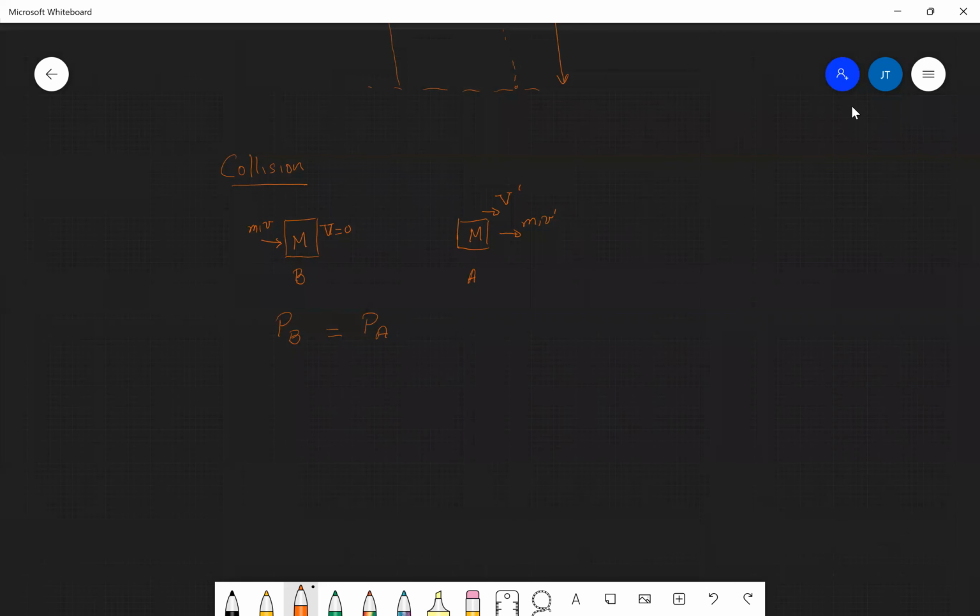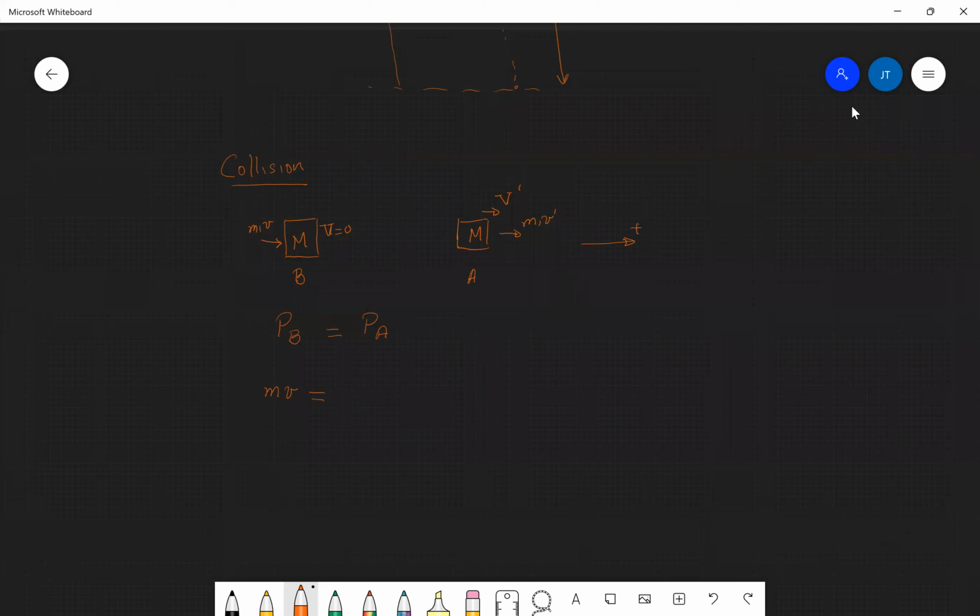Obviously, we're taking everything to be positive to the right. So initially, before, we had two objects. The ones that are moving have momentum. So capital M has no momentum because its velocity is 0, but the bullet has momentum, and its momentum is mv.